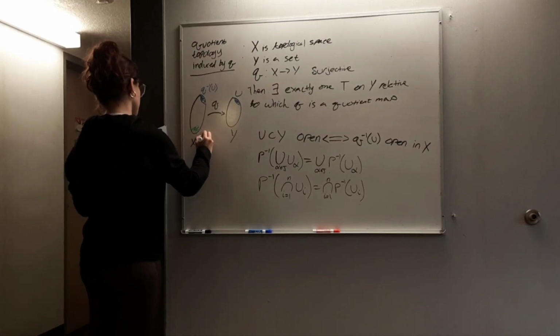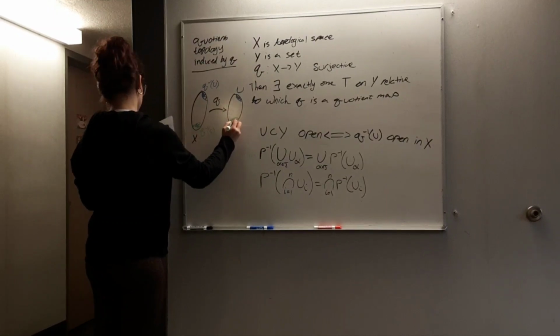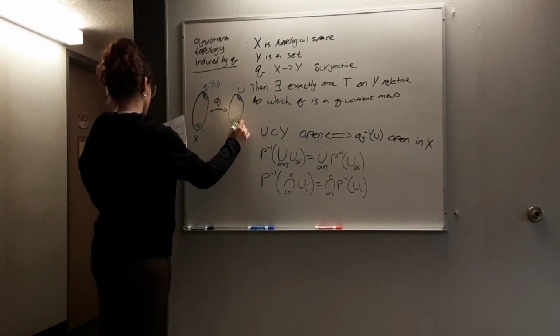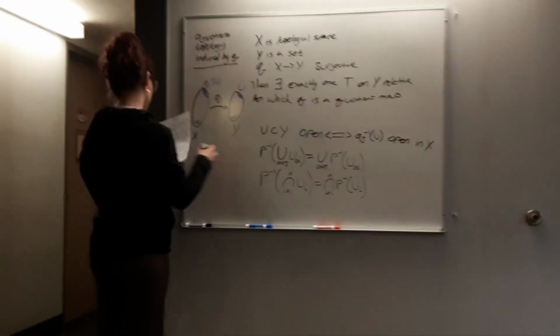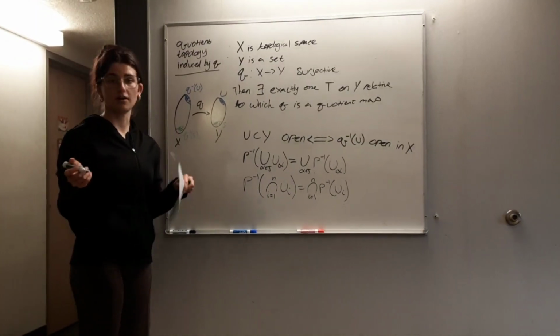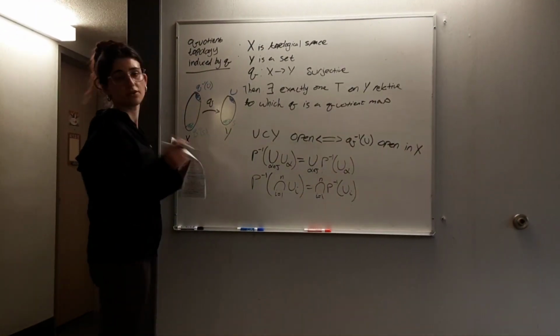We'll say this is Q inverse of S. And then we'll call this S. And now we see Q is a continuous map from X to Y with T as the quotient topology.